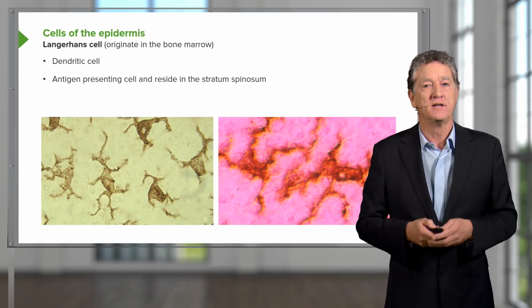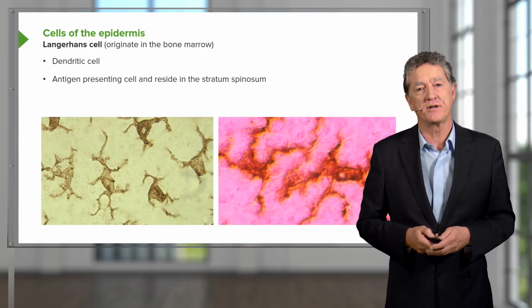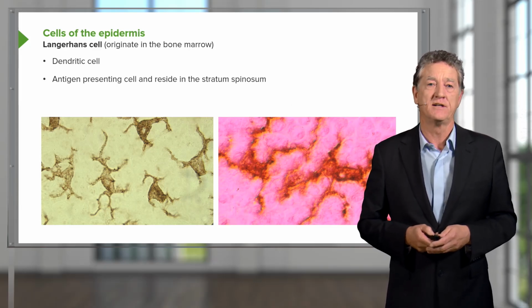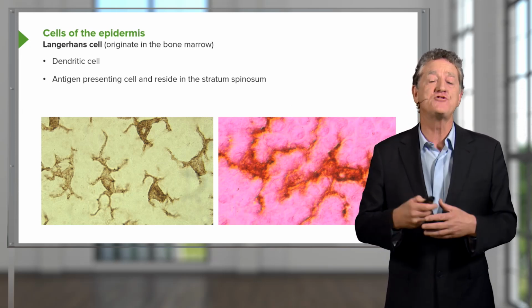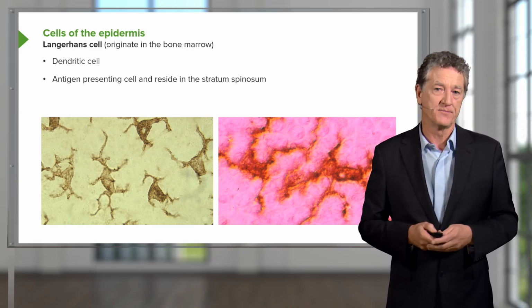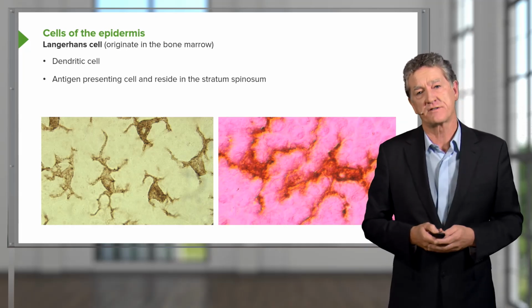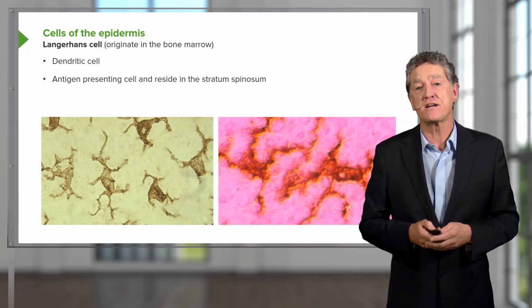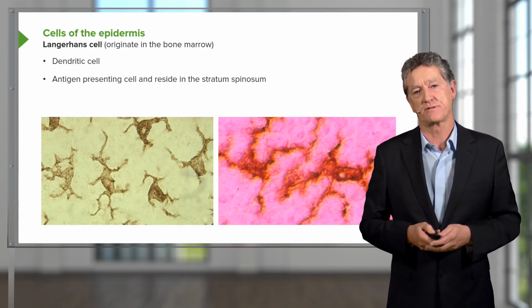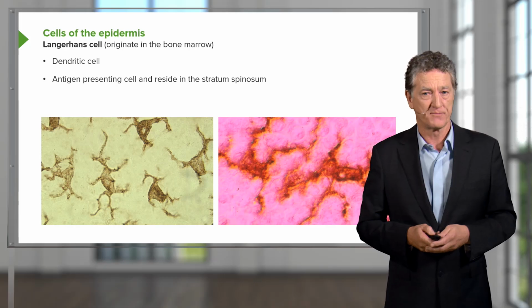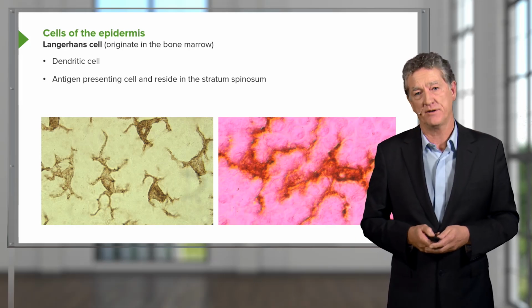And when a foreign component, a bacteria or an antigen, comes in contact with these cell processes, the antigen-presenting cell then ingests that antigen, processes it, and then puts it on the surface of the cell. And that cell then leaves the epidermis. The antigen-presenting cell leaves the epidermis and travels to a nearby lymph node.